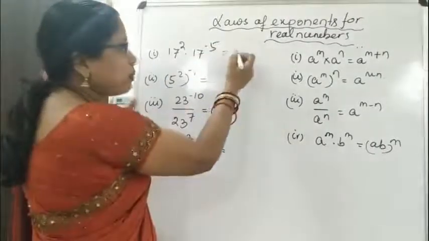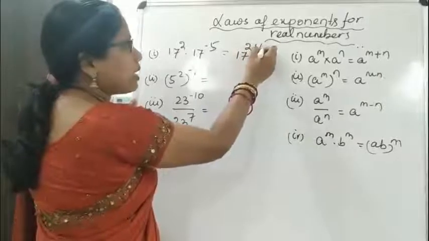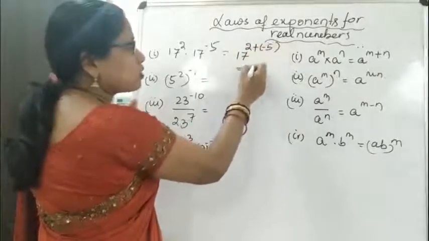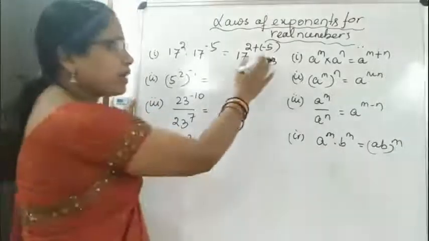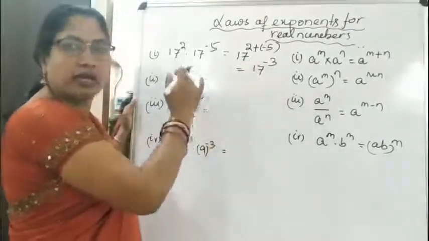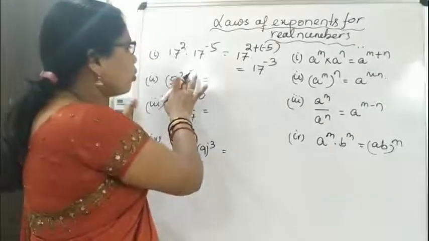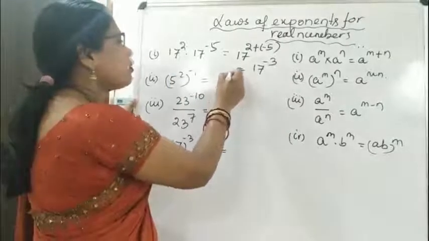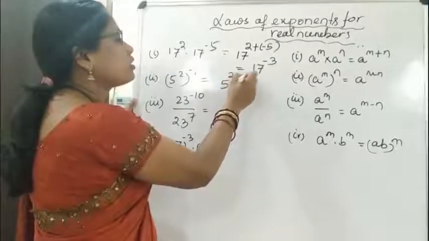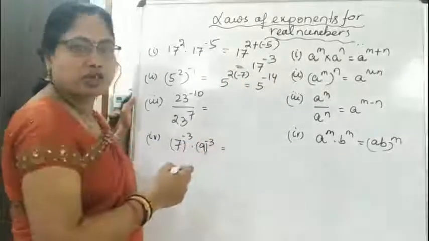We can simplify it as 17 to the power 2 plus minus 5, so this is equal to 17 to the power minus 3. We can apply these laws here also when the exponent is negative. Then 5 to the power 2, whole to the power minus 7, is the same as 5 to the power 2 multiplied with minus 7, which is equal to 5 to the power minus 14.